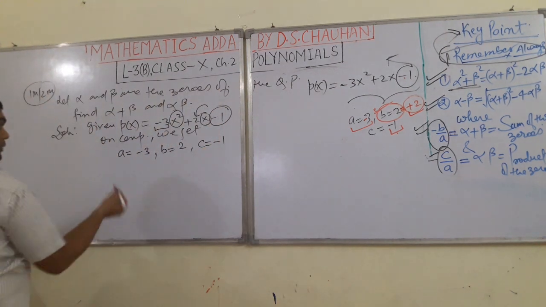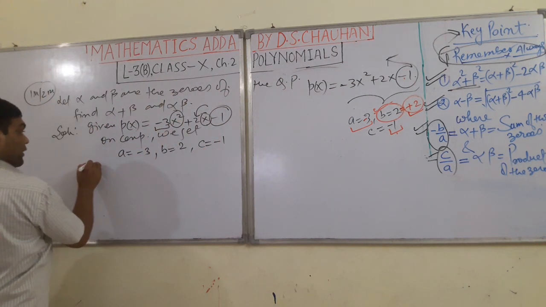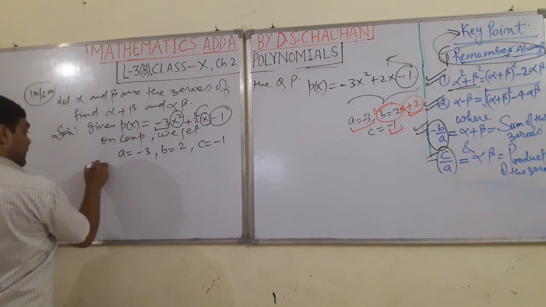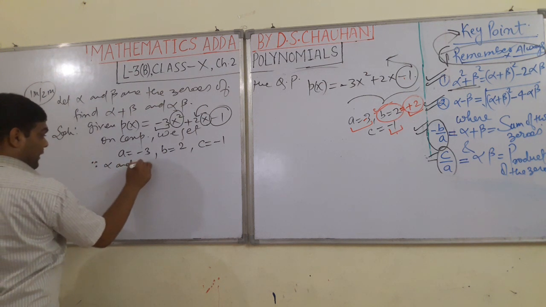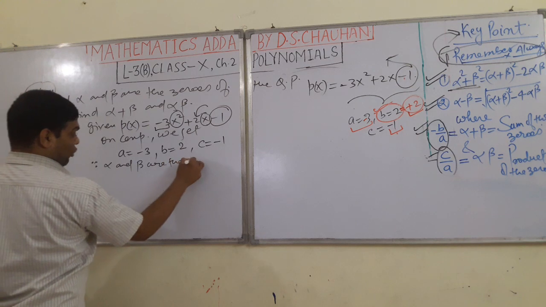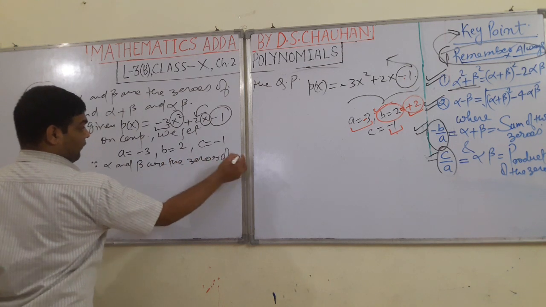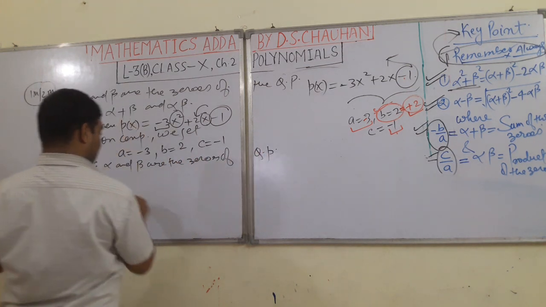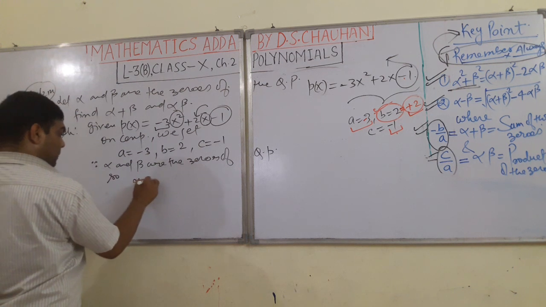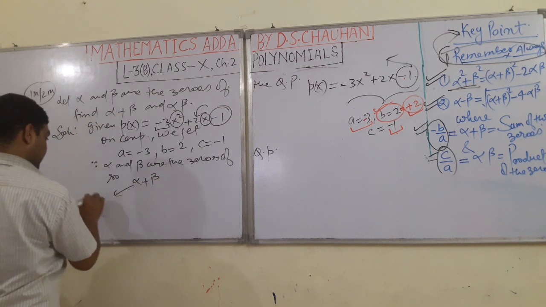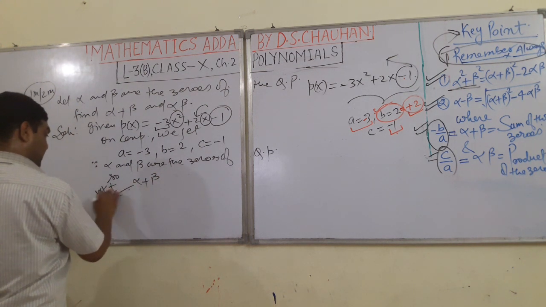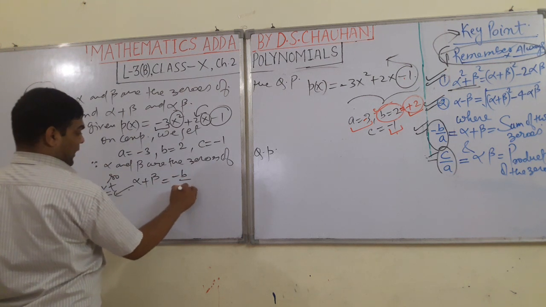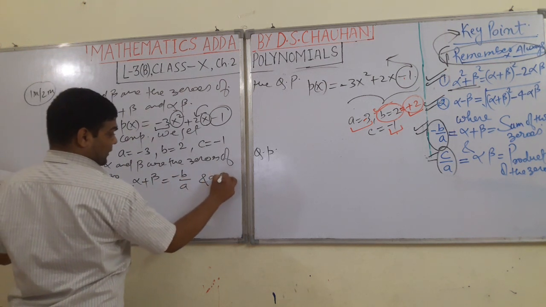Now, since alpha and beta are the zeros of the quadratic polynomial, we know the formula: alpha plus beta is minus b upon a, and alpha beta is c upon a.